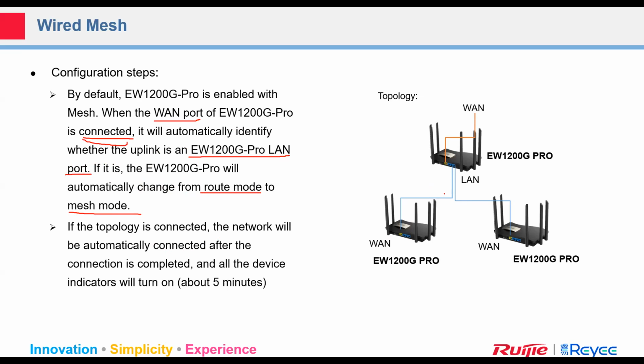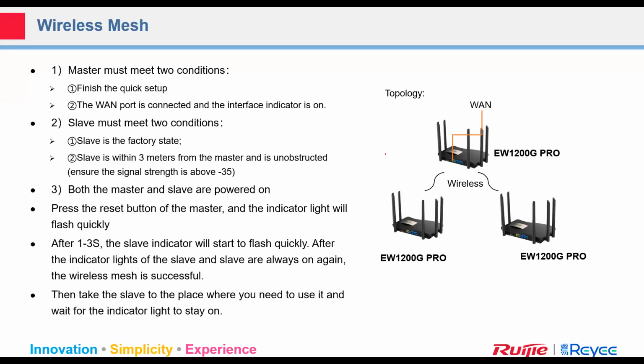Once it recognizes there is a LAN port connected, it will automatically connect to the device after the device is turned on, after 5 minutes. So turn on all the EW for 5 minutes, connect the WAN port and the LAN port to each other, and then the mesh will be created.